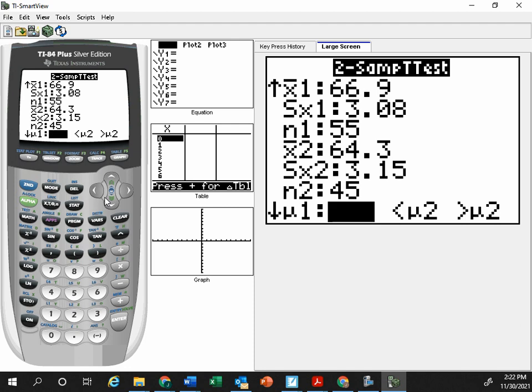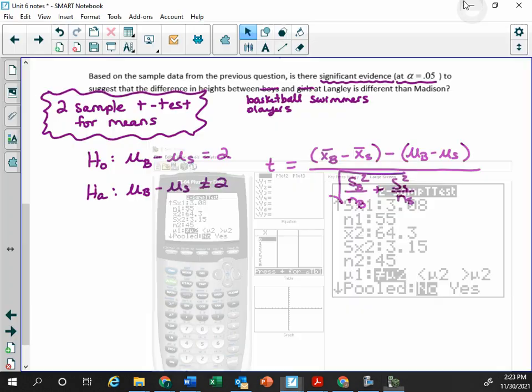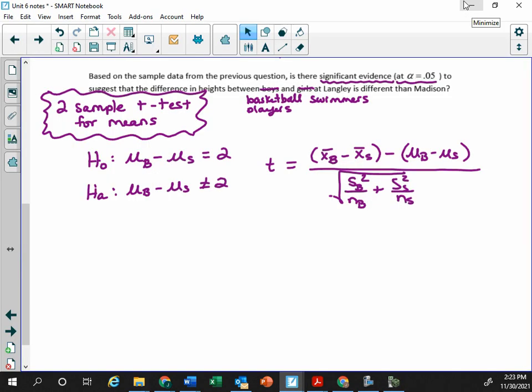But then the issue is with your null and alternative. When you're doing it on your calculator, it always starts with the null that the difference is 0. Is our null that the difference between the 2 heights is 0? No, we're saying it's 2. We can't change that on here. So we can't use it for this part of it, okay? What that means is we get the exciting task of putting in all of these numbers.